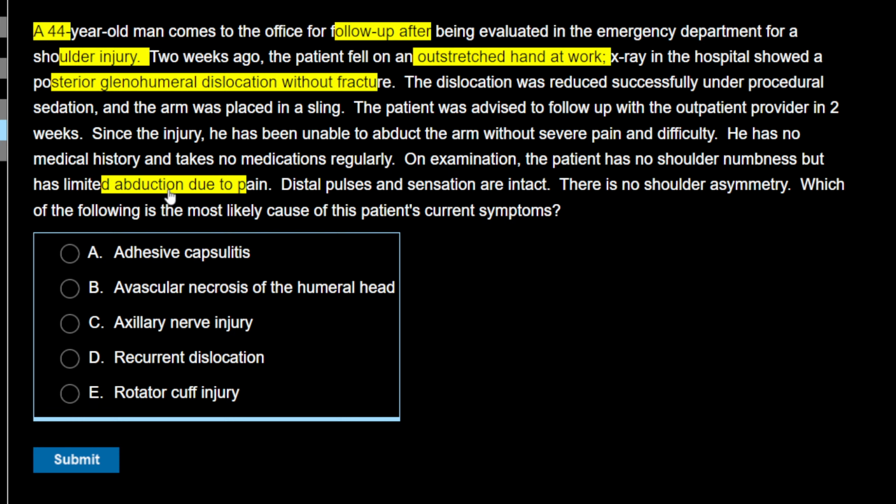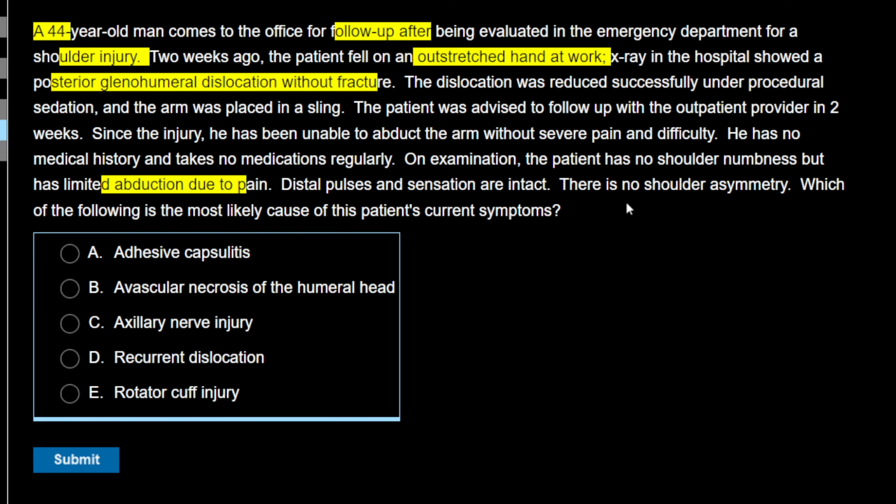But adduction sounds like add, like bringing your arms to your body. So in this case, abduction is opening your arms. He cannot do a T with his body when he opens both arms.